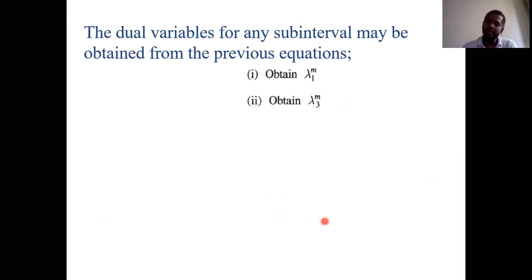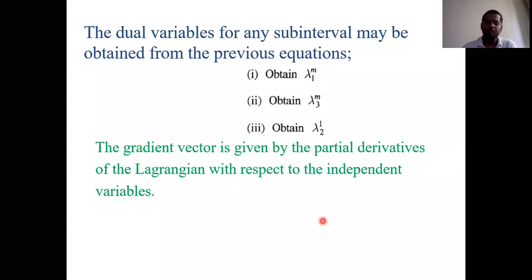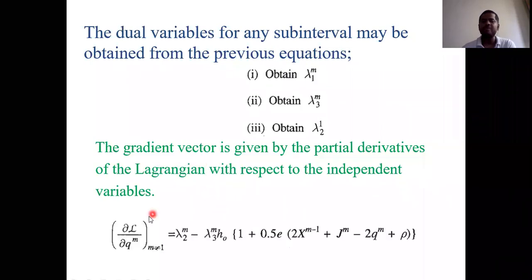So what is my gradient? Gradient is nothing but a first order derivative. So when you are applying a gradient concept, we need to differentiate our Lagrangian function with respect to the control variable. What is the control variable here? Q. Q means discharge here. Easily, by operating or controlling your valve, we can control our discharge.